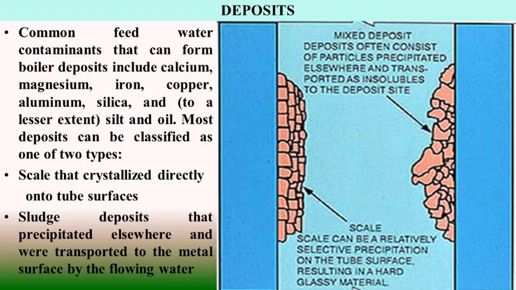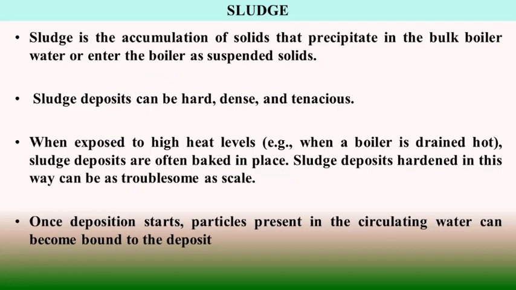Now, sludge is the accumulation of solids that precipitate or enter the boiler as suspended solids, and sludge deposits can be very hard and dense, and when exposed to high heat levels they often get baked in place and become hardened. It may become a very hard scale, and once deposition starts, the sludge particles present in the water can become bound to the deposit again, becoming larger and larger.